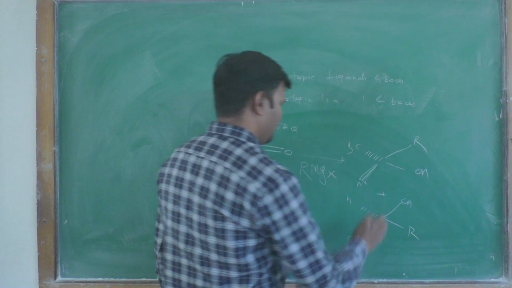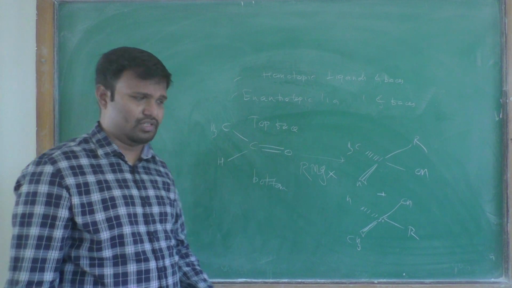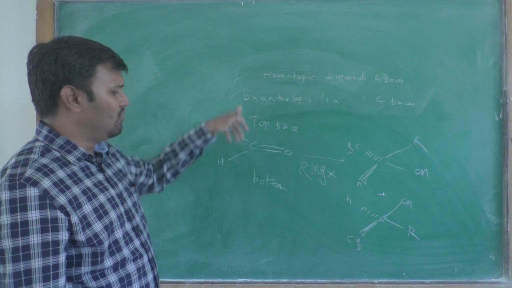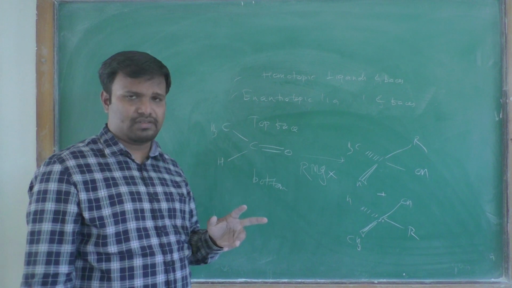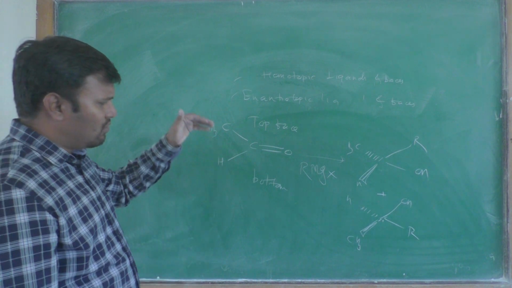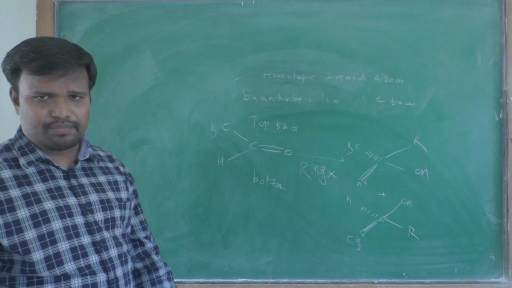Two different compounds are obtained, which are enantiomers of each other. When you add from the top face and from the bottom face, two different compounds are obtained which are enantiomers of each other.